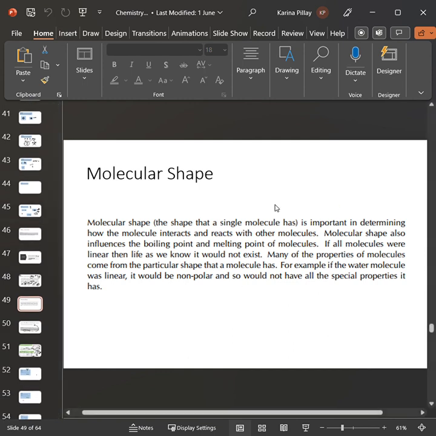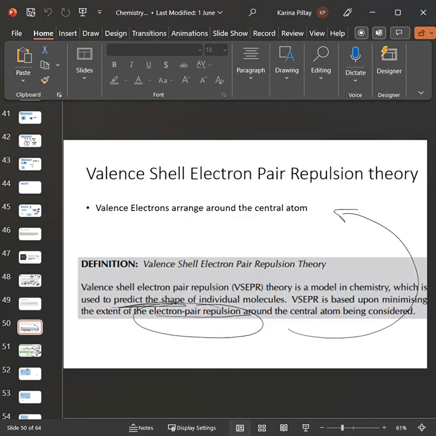We then spent some time talking about molecular shape. We're going to go through this one fairly quickly, just highlighting the most important things. Molecular shape is very important because it gives us the molecule's characteristics. It tells us about its boiling point, melting point, and whether it's going to be polar or non-polar. We have something called the valence shell electron pair repulsion theory, abbreviated VSEPR.